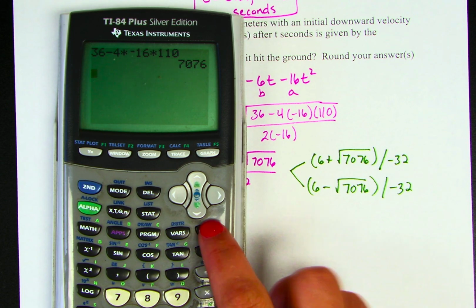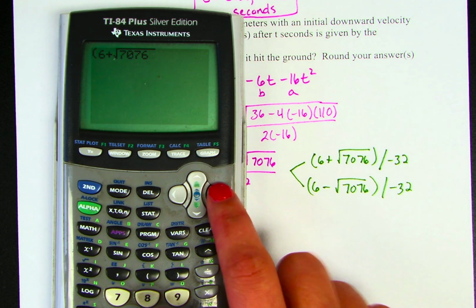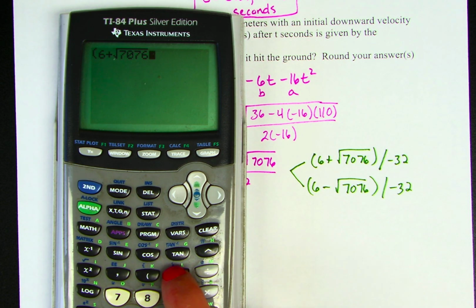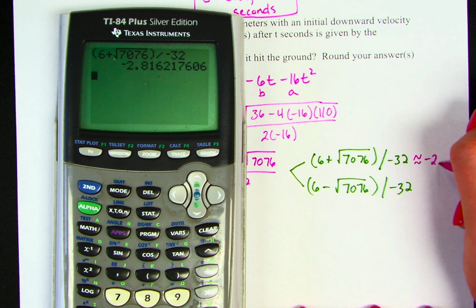Okay, so starting with that top one, 6 plus the square root, 7,076, arrowing to the right to get out of the square root symbol, closing the parenthesis, divided by negative 32. So this one is approximately negative 2.82.